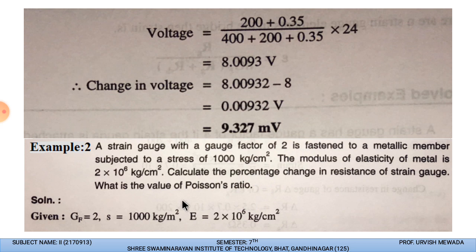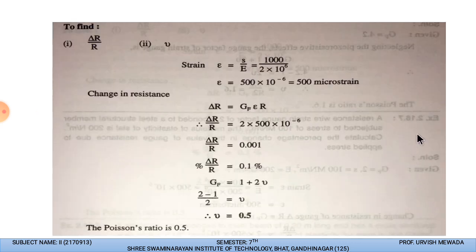Here the data given is: gauge factor is 2, the stress S that we applied is 1000 kg per centimeter square, and E is the modulus of elasticity, 2 into 10 raised to 6 kg per centimeter square. To find out, first of all, delta R by R, and second, v. So let us solve one by one.